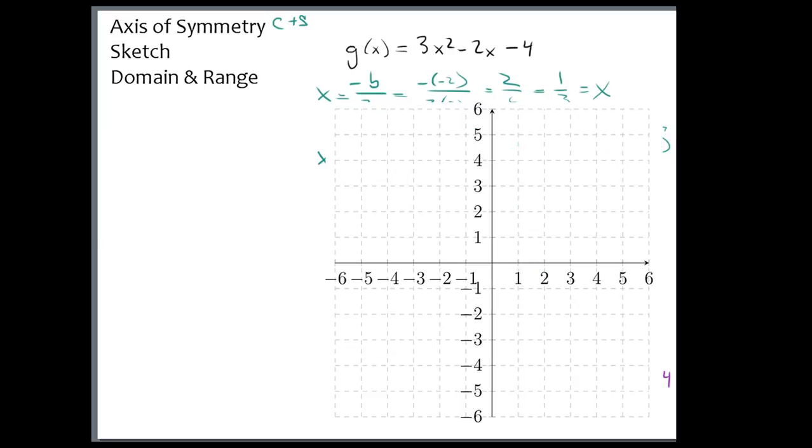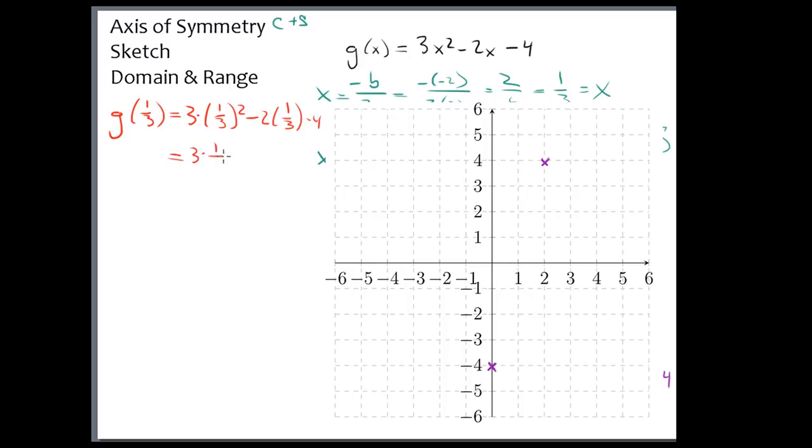So we said g of 0 is -4, so 0, -4. That's a good place to start. I said g of 2 was 4, so 2 is at 4. That's also good. Our axis of symmetry is at 1/3, and we didn't find that value. Oh, let's go back. g of 1/3, it's annoying, but 3 times 1/3 squared minus 2 times 1/3 minus 4.